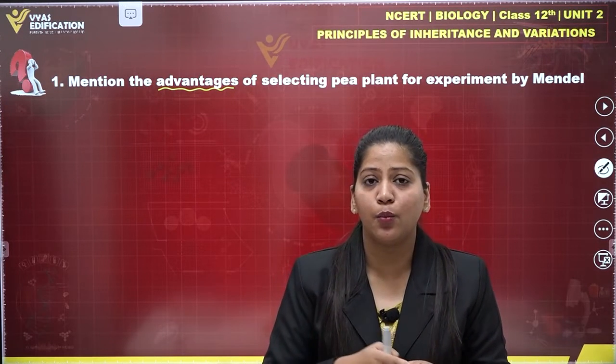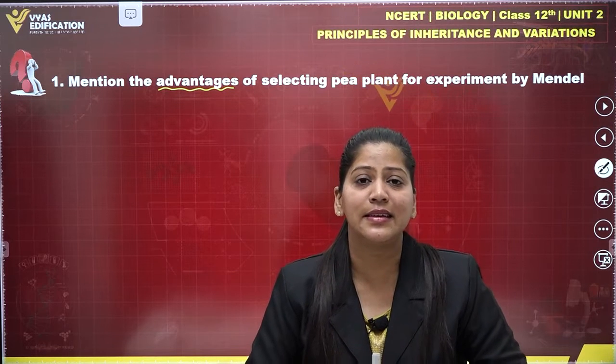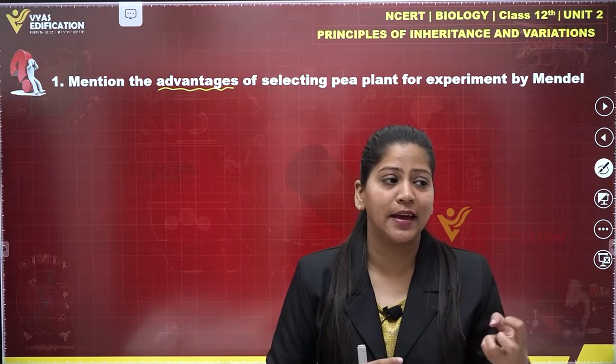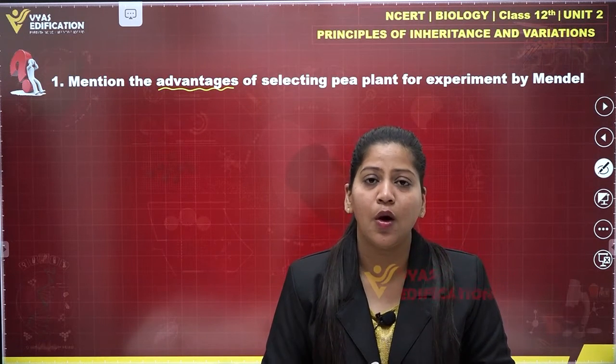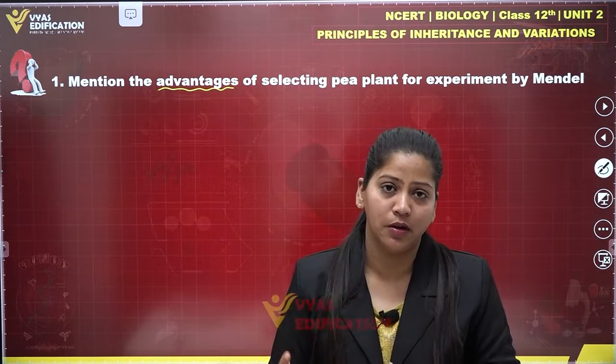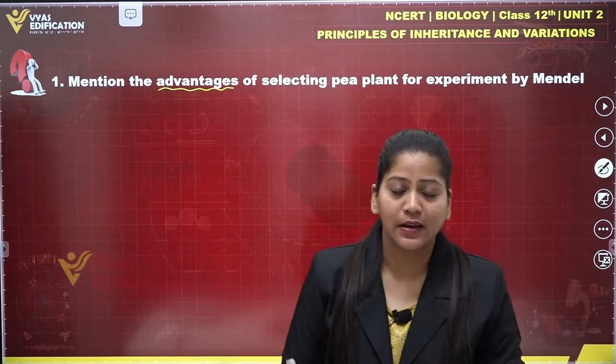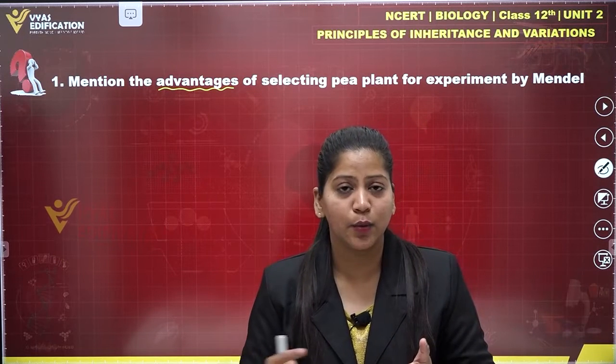When they are passing from one generation to another, it's easy to mention that these characters are passing from the parent generation to offspring or progeny. So this is the first advantage.